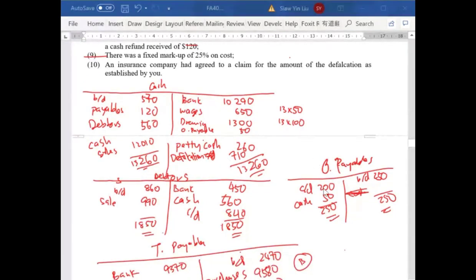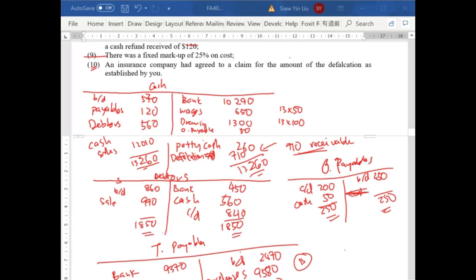If you lost it and insurance does not cover it, then this is your expense. But in this case, the information number 10 we haven't used. Insurance agrees to a claim of the amount of defalcation established by you. So this 710 is a receivable, because insurance agrees to pay you. You're waiting for the insurance company to pay you this amount.